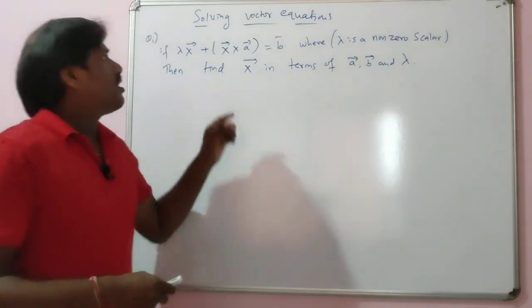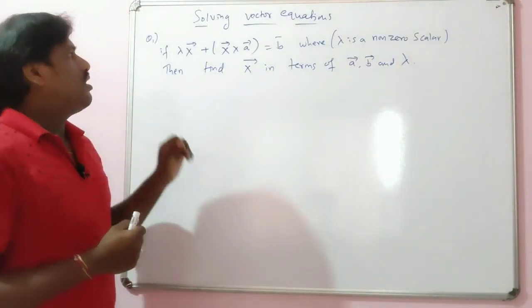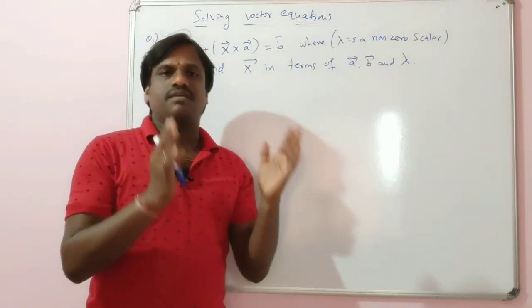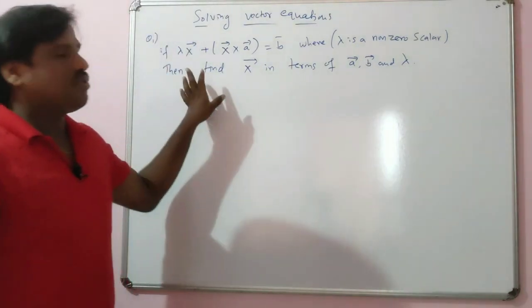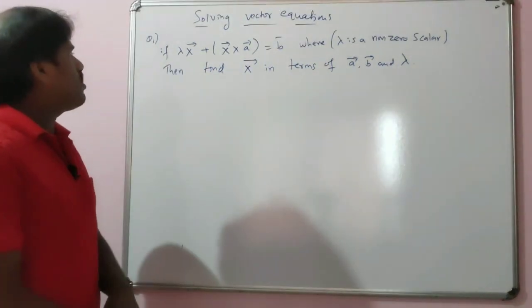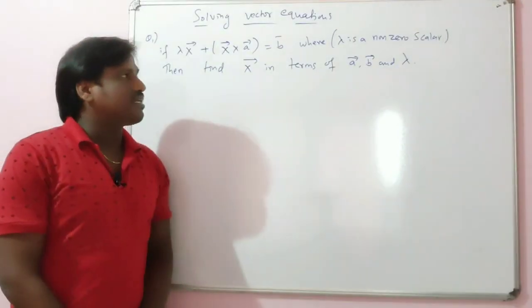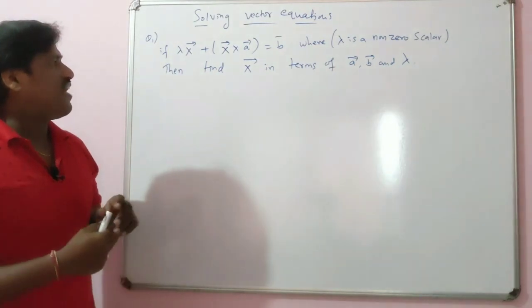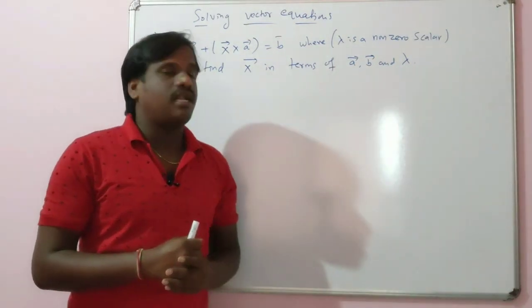Let us see here. This is what we have, solving the vector equations. This model based on vector equation, bisector, line equations, all these you will learn in 3D geometry, but this is not related to line equation. Now here, if lambda times x vector plus x vector cross a vector is equal to b vector, where lambda is a non-zero scalar, then find x vector in terms of a vector, b vector and lambda.